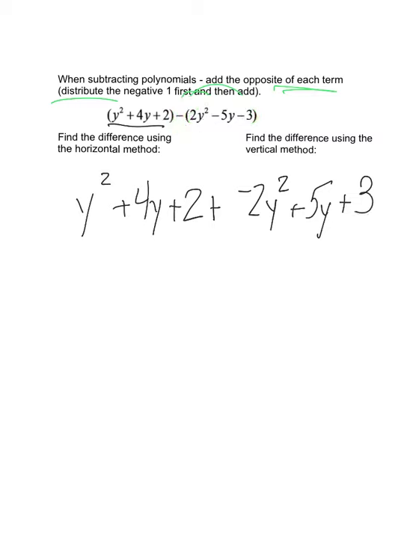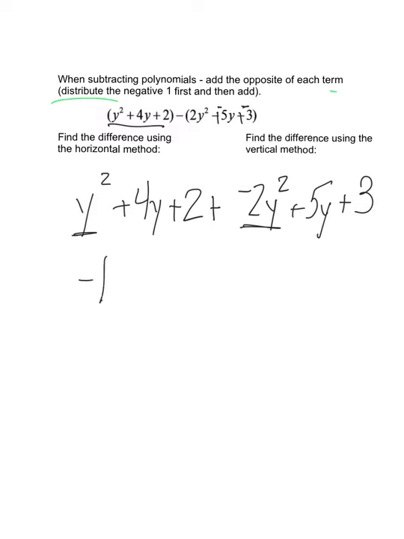So I'm going to go back and look at my mess here again. So this is add the opposite. So that'll be a -2y squared plus a positive 5y plus a positive 3. Okay, now I've distributed that negative sign. It's just like the addition. If I do it horizontally, add my like terms. 1 plus -2 is -1.